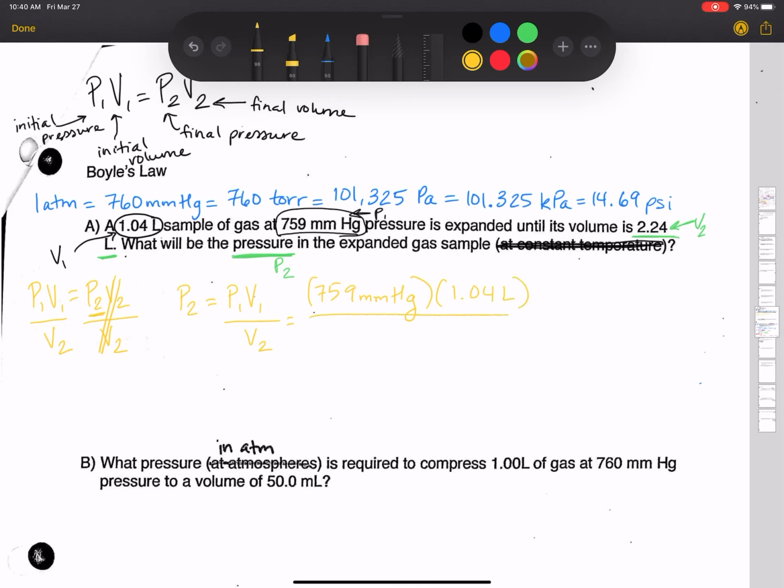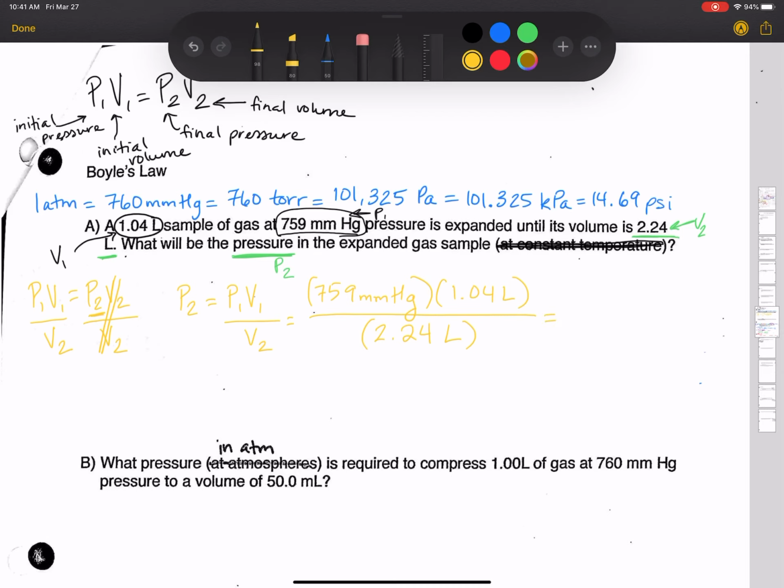Then I need to divide all of this by my after volume, my final volume. And this time around, it's 2.24 liters. I'm just putting things in parentheses to make sure that you can see what each variable was representing and to make it a little bit neater for you.